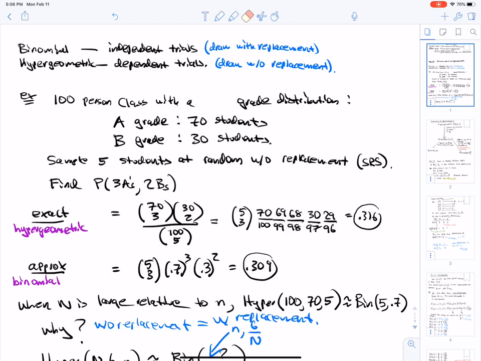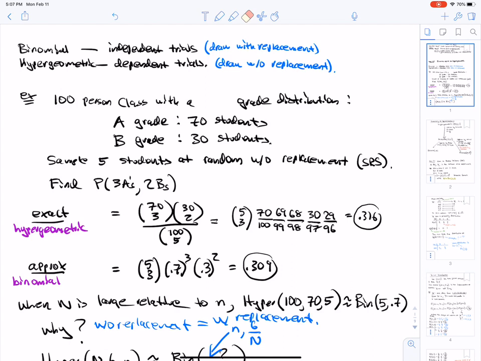So this would be done exactly using a hypergeometric. So you'd have 70 choose 3 times 30 choose 2 over 100 choose 5 by the hypergeometric formula, which you can also write as 5 choose 3, 70 over 100, 69 over 99, and so on to 29 over 96.